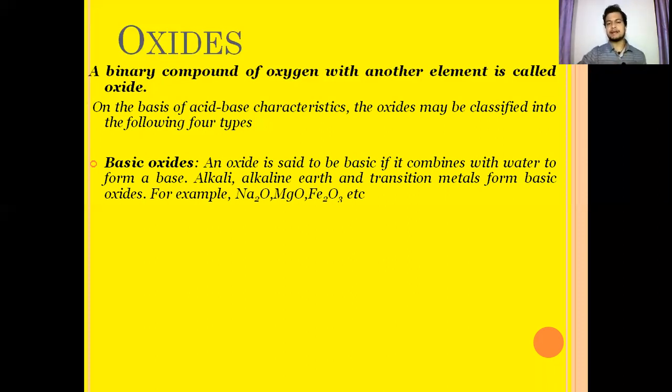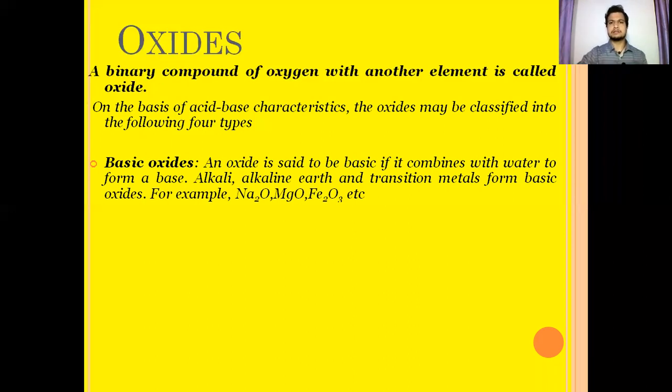Like alkali metals, group 1, alkaline earth metals, group 2, transition metals, d block elements. All these elements, if they are metals, will always form basic oxide, like Na2O, MgO. Na2O, sodium is group 1, Mg is group 2, Fe2O3, Fe is a transition metal.